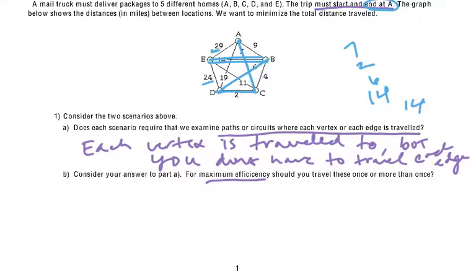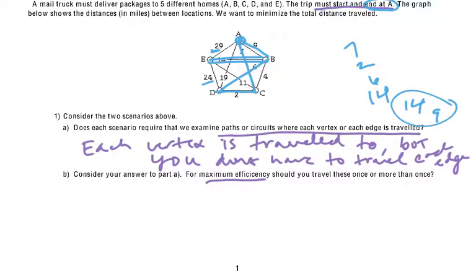And then from B to A is 9, and I've gone back to my beginning. And 14 plus 9 is less than 29. So that would actually decrease the number of miles we would have traveled by backtracking, going from B to E and then E back to B before going to A.